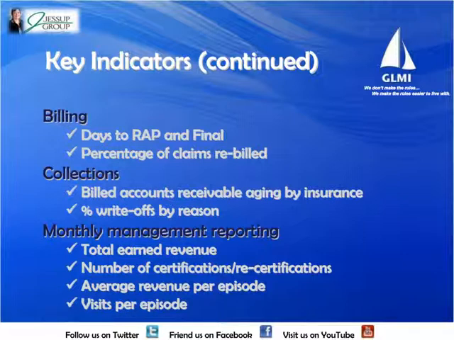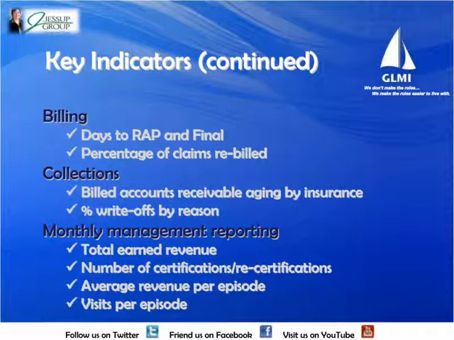You also probably want to occasionally figure out what percentage of your claims are being rebilled. Under collections, one of the most common indicators is your billed accounts receivable aging by insurance. And also, you should occasionally be looking at what your percentage of write-offs are by reason. What are the reasons for the write-offs, and what percentage of your dollars are being written off?